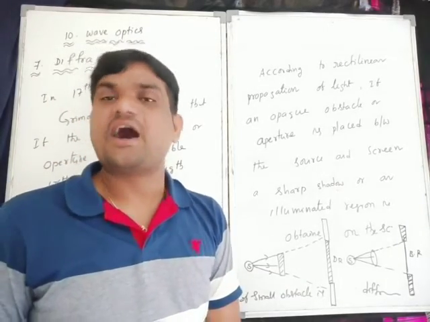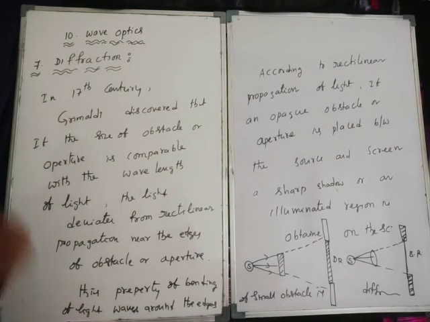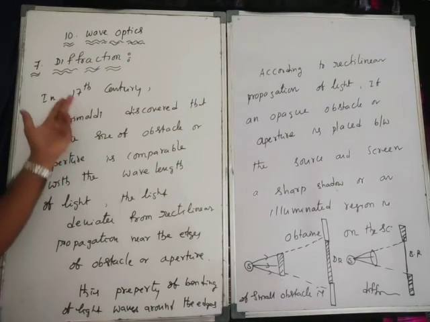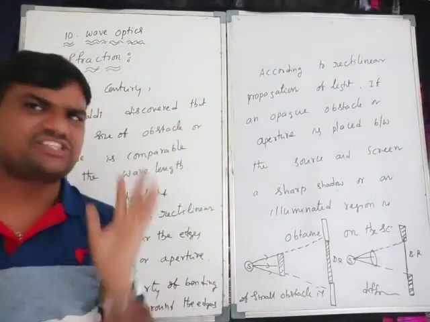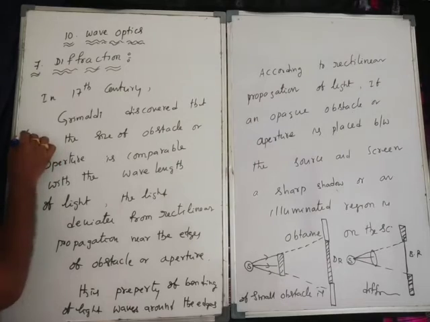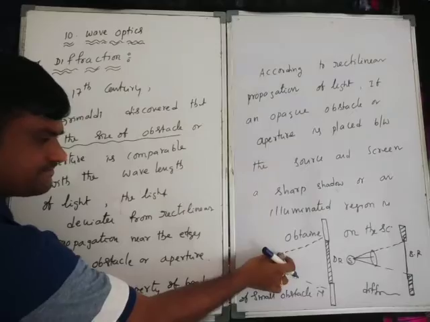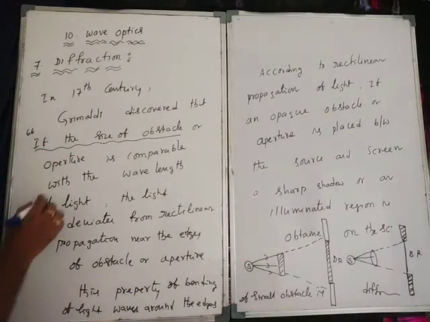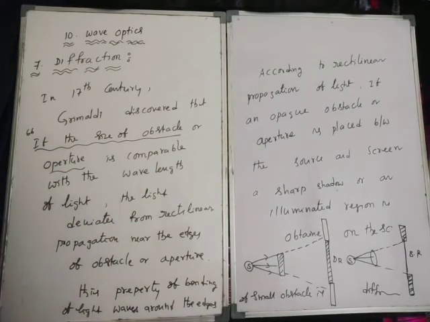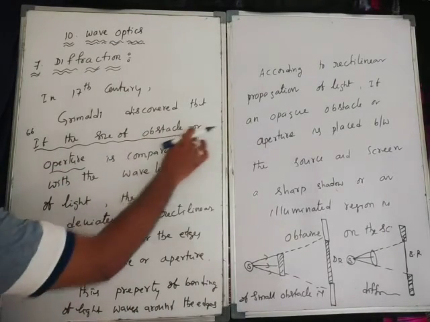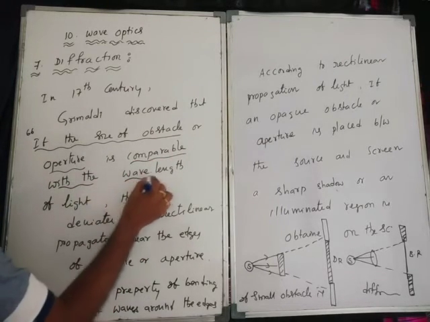This was observed by the very famous scientist Grimaldi in the 17th century. One condition will be there: the size of the obstacle or aperture is comparable with the wavelength.